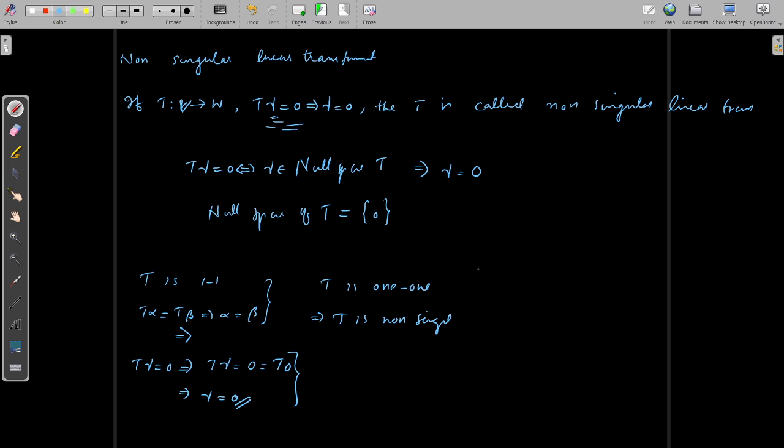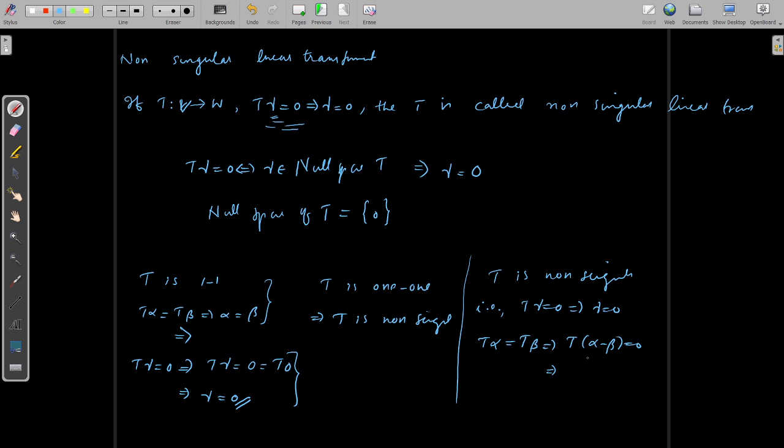Similarly, when you assume T is non-singular, that is T gamma equal to 0 implies gamma equal to 0, then you can easily prove the one-oneness of T. T alpha equal to T beta implies, by taking T beta to the left, T alpha minus T beta equal to 0.